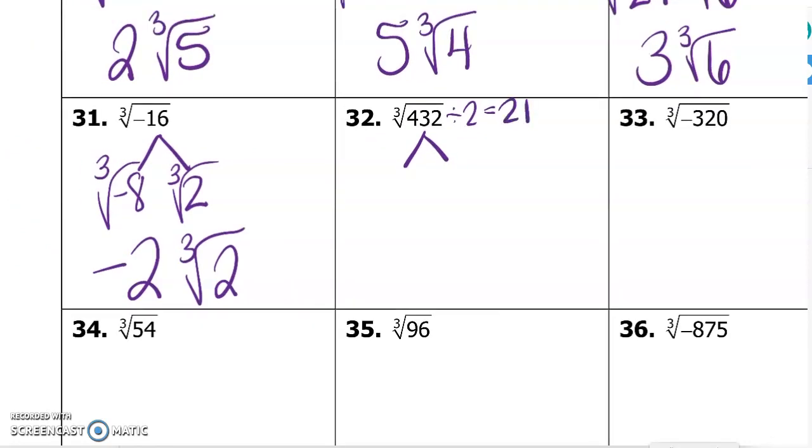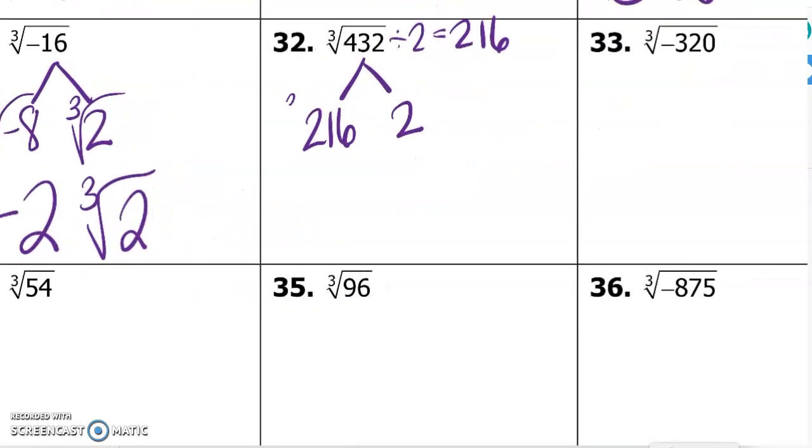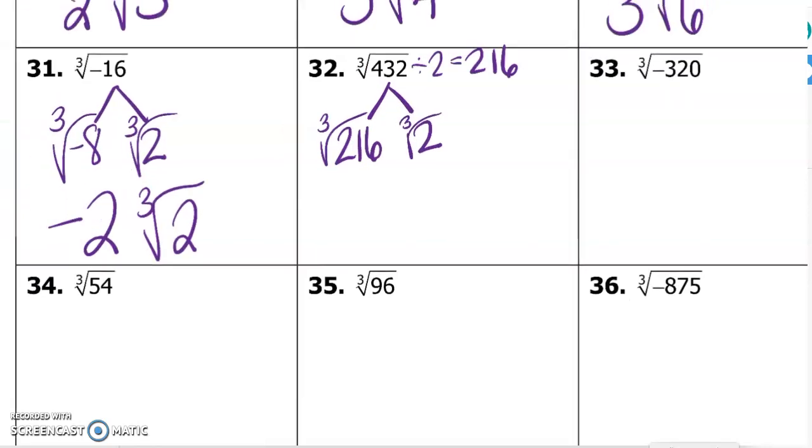So 216 is actually one of my perfect cubes. All right, so 216 times 2. So cube root around each of those. Cube root of 216 is 6. Cube root of 2 comes along.